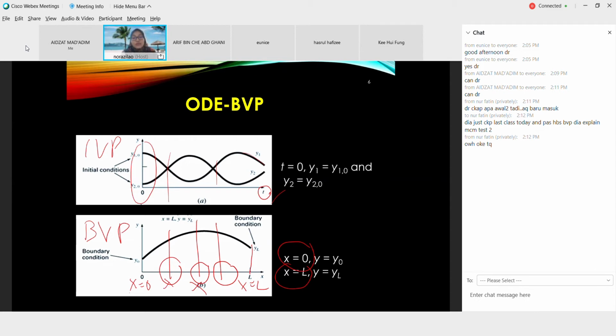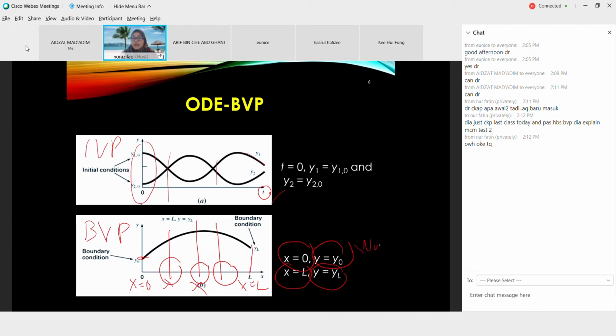Of course we know the value of L. The value of y at x0, you have this y0. You also can know the value of yl at x equal L. It means yl.